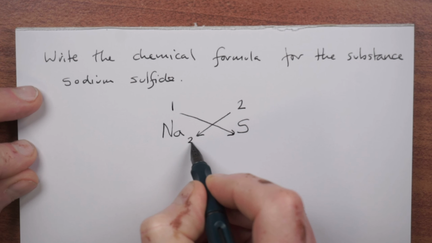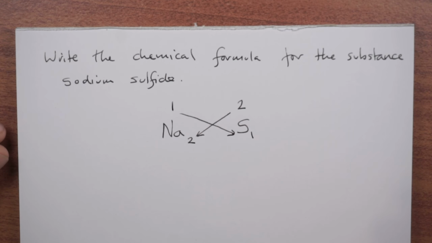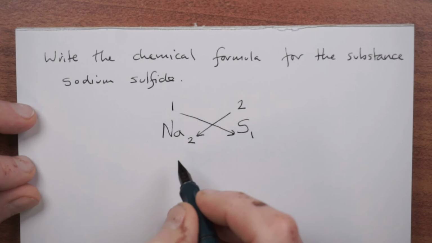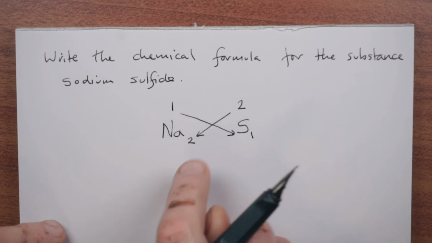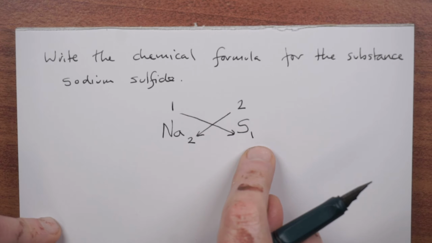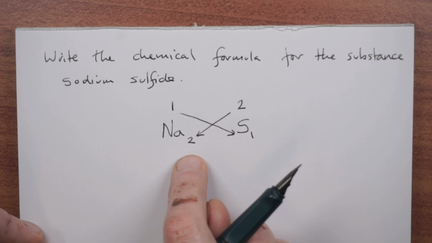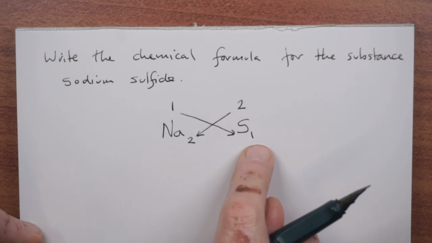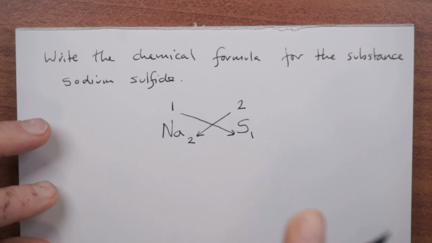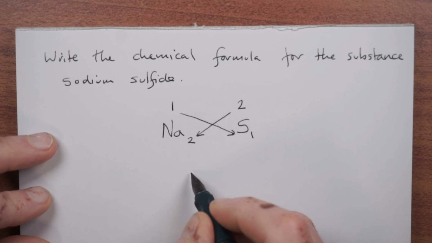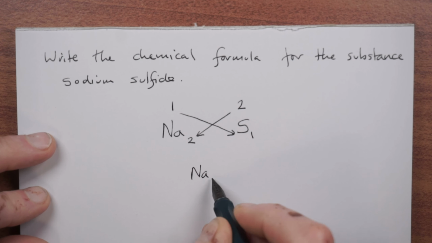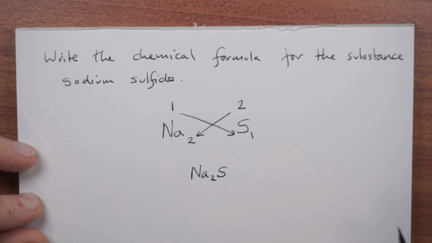So now we've got Na2 and S1. Now first of all, we check our whole number ratio. 2-to-1 is okay. That's the lowest whole number ratio, right? But we don't write ones in chemical formulae. So our final chemical formula for this stuff is Na2S. There you go. There's the chemical formula for sodium sulfide.